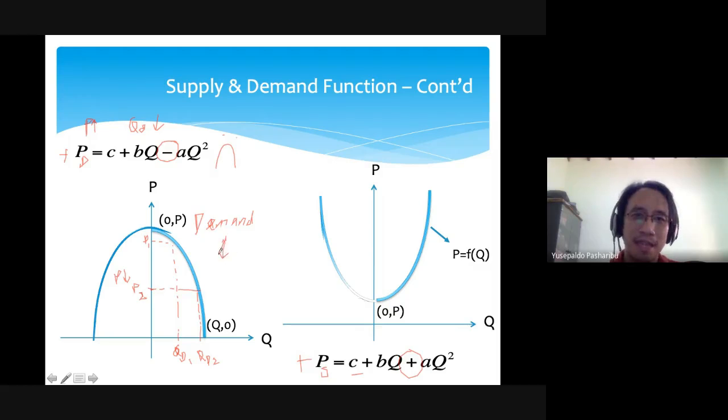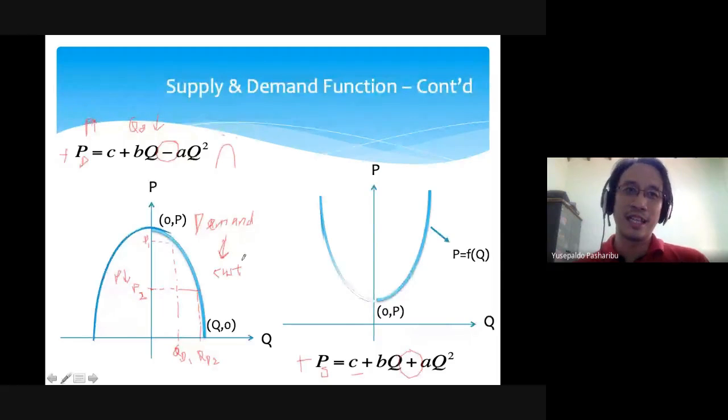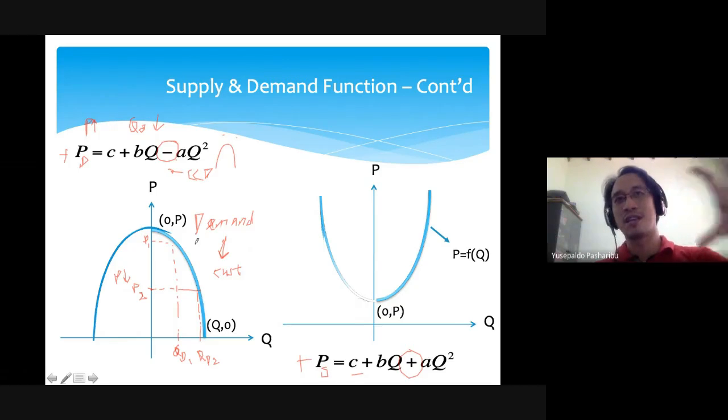Because in demand, we pretend to be a customer. If the price decreases, then the quantity demanded will increase. See? So our graph is true because we not only focus on the sign of A, which is less than 0, but the logic is also right. This is the demand function.